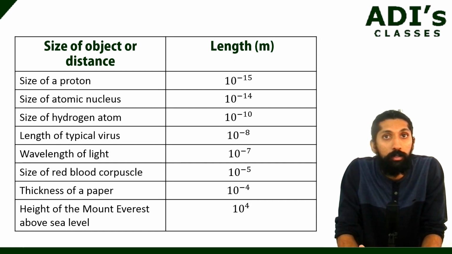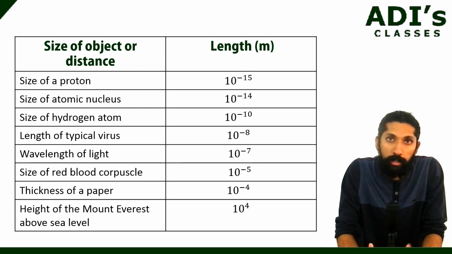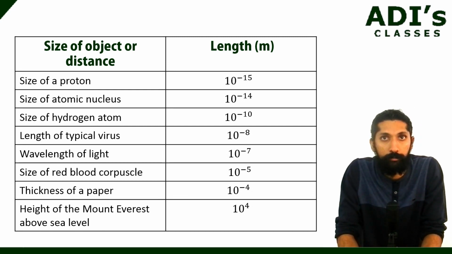Up to here we have calculated so far. And guys, I'll be very honest here, the size of the universe changes because the universe is expanding. Each and every second the size of the universe is going to increase. So this is more of an approximated value. It's not an accurate value, but still it's a good approximation.